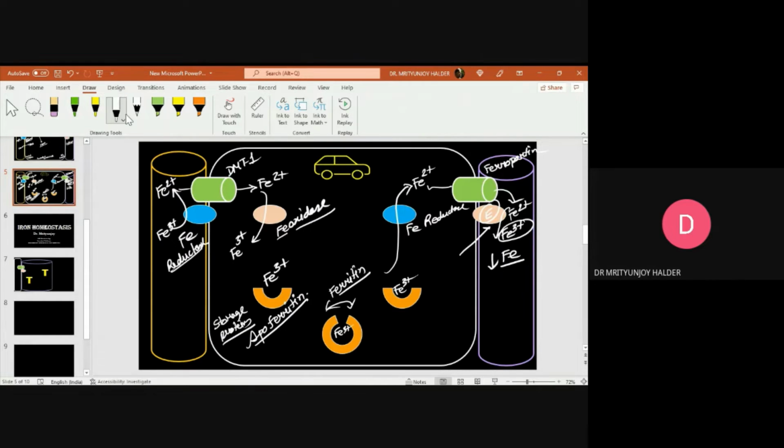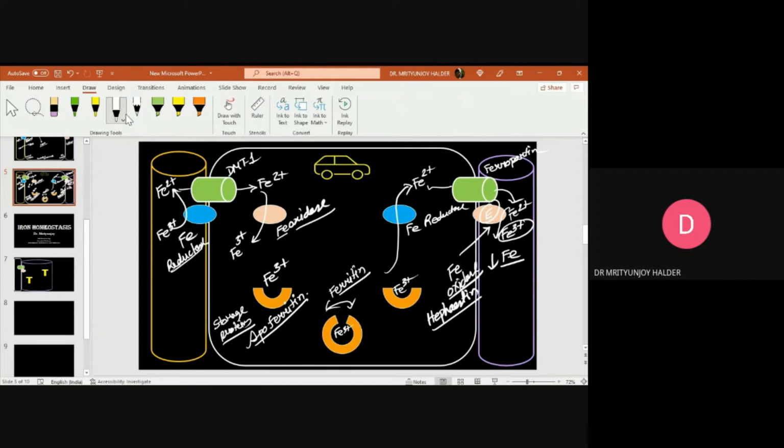The name of this protein, ideally, it should be a kind of iron oxidase. It has a special name. It is called hephaestin. So another iron oxidase molecule is present in the basolateral surface.